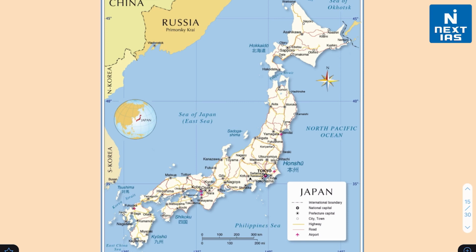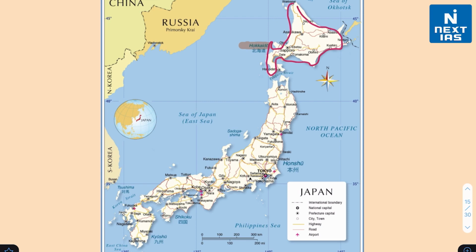First of all, here we have the northernmost, that is the island of Hokkaido. The second major island is known by the name Honshu. Then we have the third island, a small island over here, known by the name Shikoku. And then we have the last, that is Kyushu. Japan itself is divided into 4 main islands. The northernmost is known as Hokkaido, this island over here.